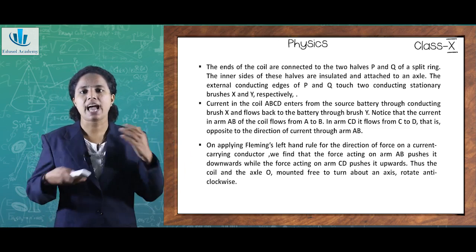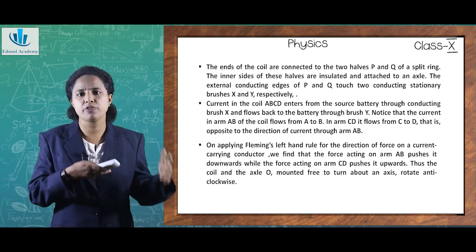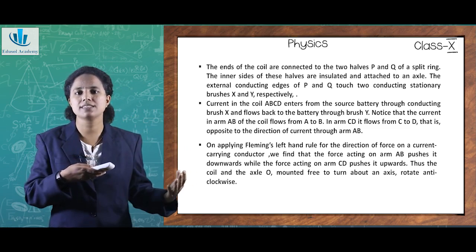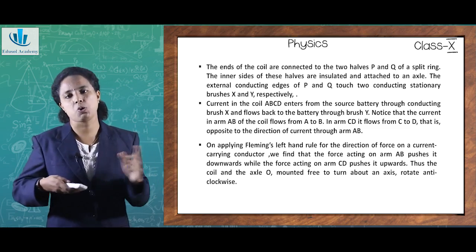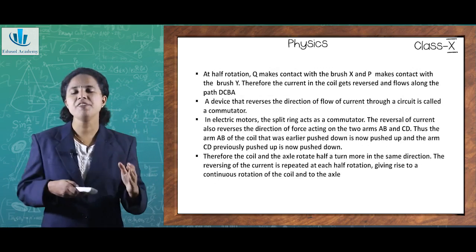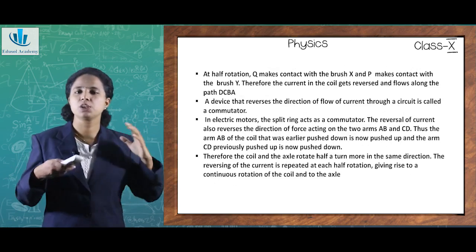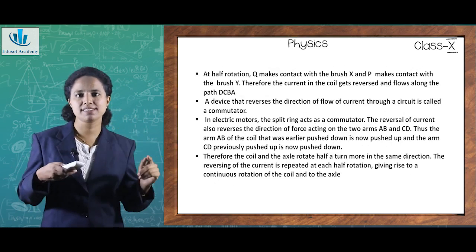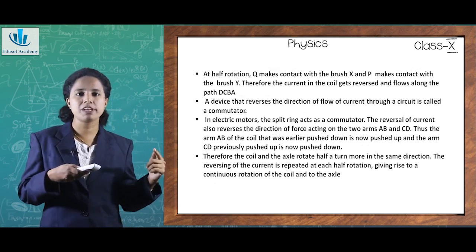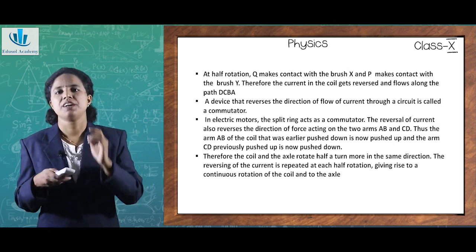Thus, the coil and the axle, mounted free, turn about the axis and rotate anti-clockwise. At half rotation, Q will make contact with the brush X and P will make contact with the brush Y.